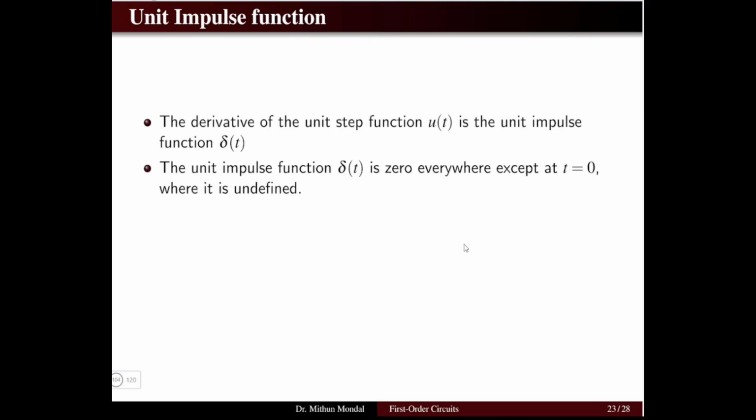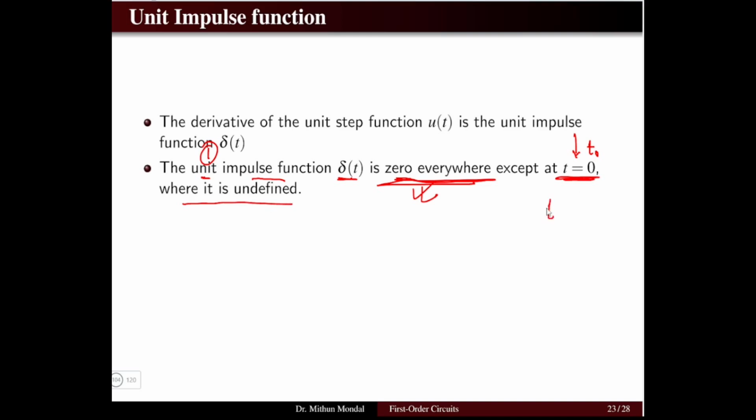Now in terms of the definition of the impulse function, the unit impulse function, which means amplitude 1, is represented by del of t, and is 0 everywhere except at t equal to 0. Means only at time t equal to 0 you will get the amplitude, otherwise everywhere the impulse function will be 0. Now when we write t equal to 0, we mean to say that time t equal to t naught, that is the reason where it is undefined.